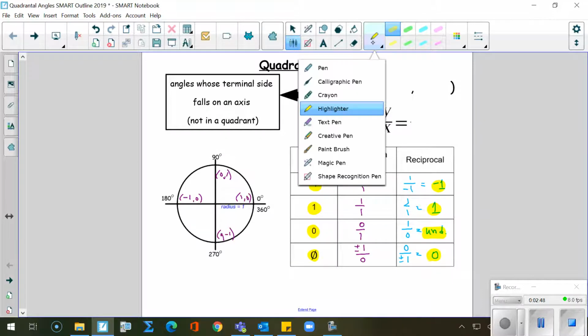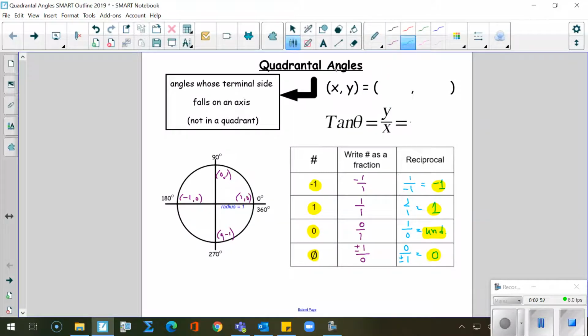We also want to recall on our unit circle that every single coordinate is represented by the cosine and the sine. All x coordinates are the cosine of that particular angle.